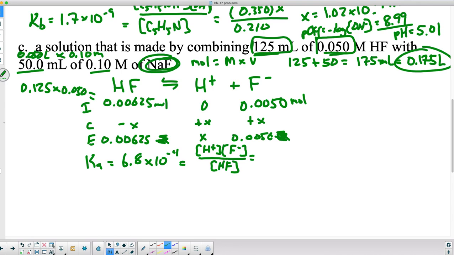When we plug that in, I get 0.00 like that times x divided by, now here's the part. To make this a concentration, I would divide all of this by 0.175.